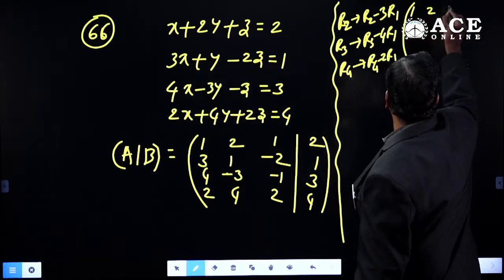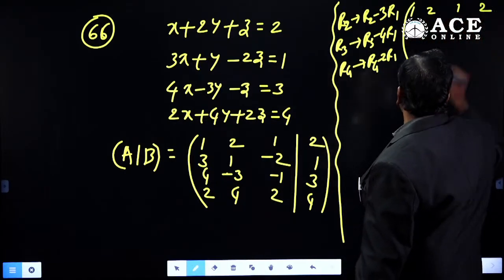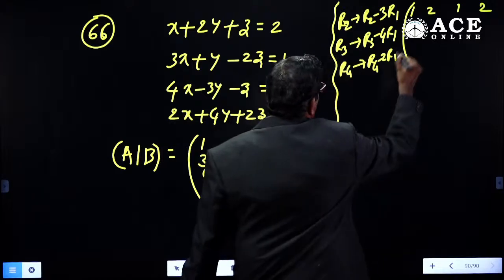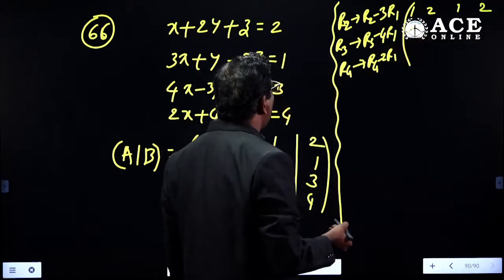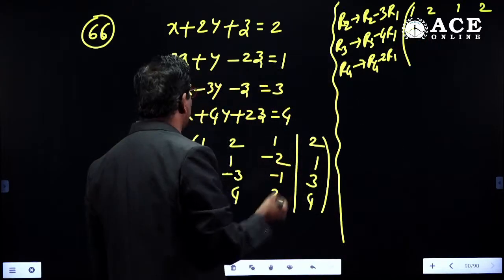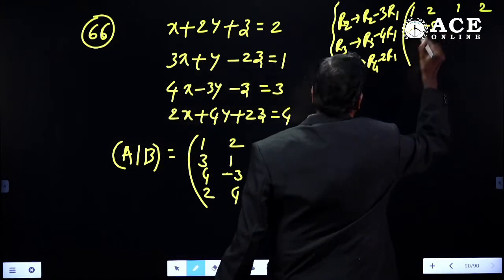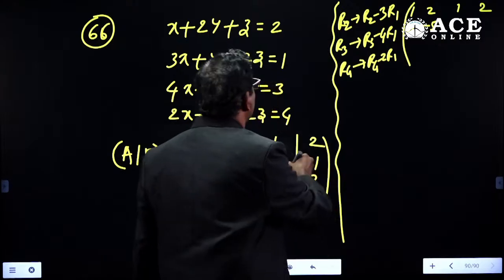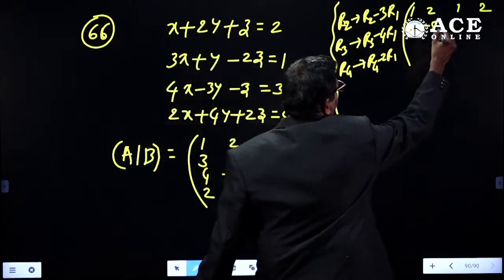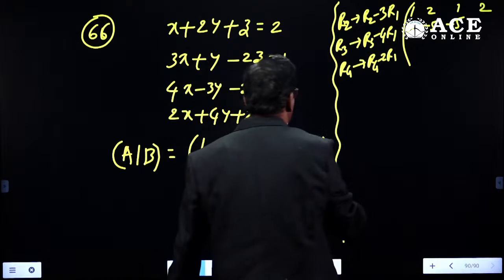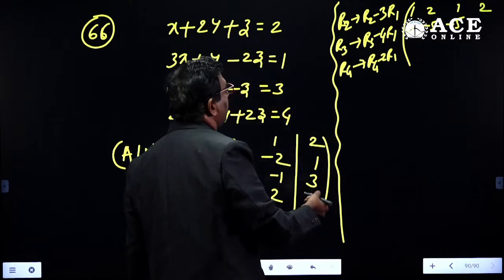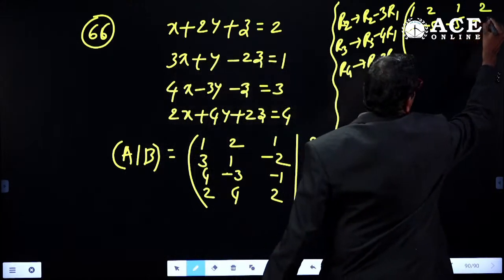So don't touch the first row, write it as it is, and in the second row, this is 0. R2 minus 3R1 means 1 minus 6, this is minus 5. Okay, minus 2 minus 3 is minus 5, and next 1 minus 6, that is also minus 5.